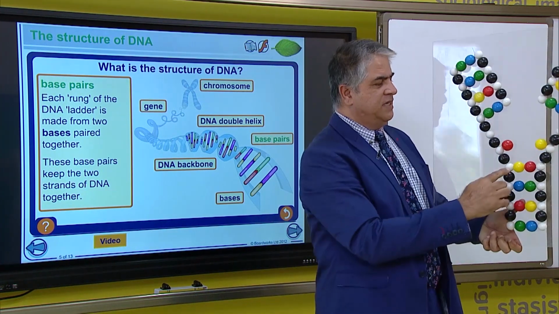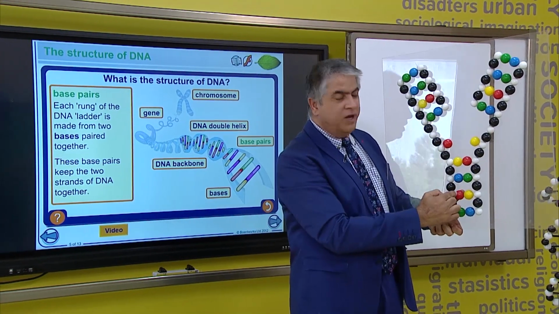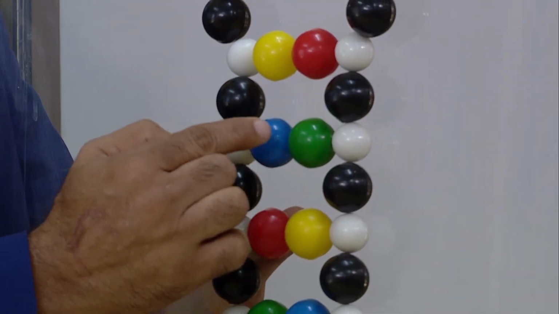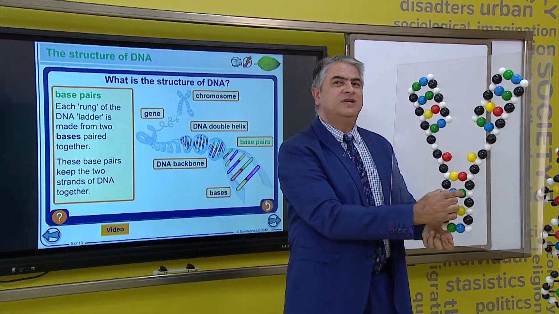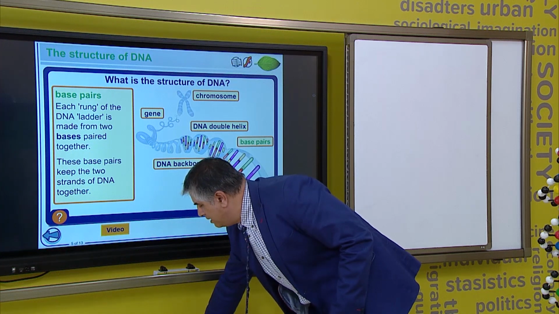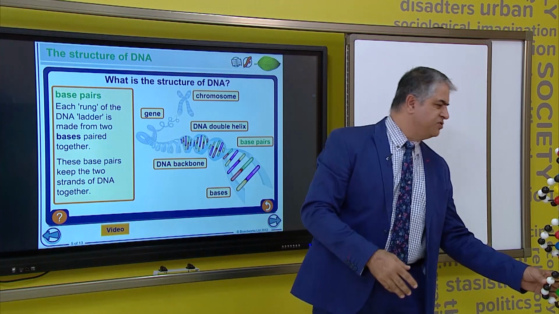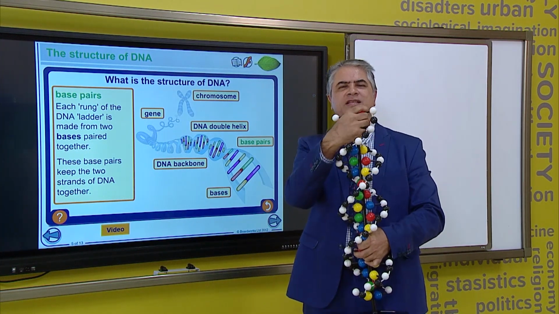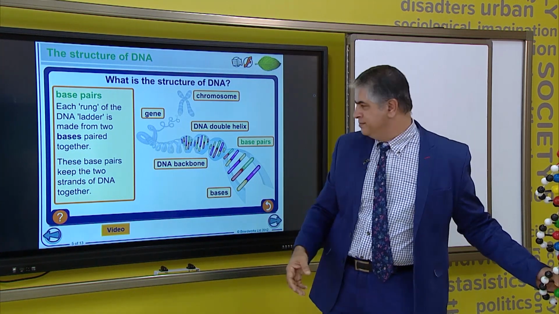That sequence is yellow, red, as you can see specifically. Only yellow, red can bond to each other, and green and blue can only bond to each other. So that code is specific. These base pairs also keep the entire strand together. It's connected by hydrogen bonds.